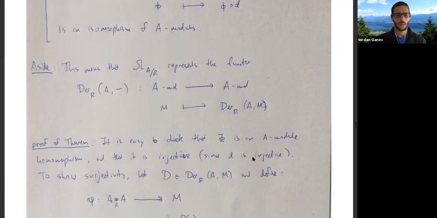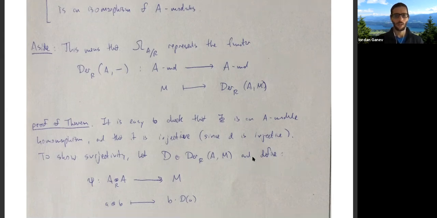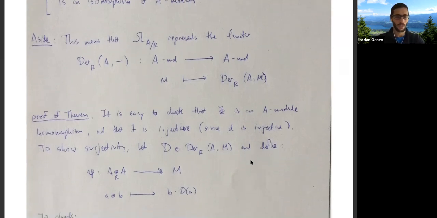So let's take something in the derivations from A to M, and we want to define a linear map from the Kähler differentials to M such that capital phi applied to that linear map is D. First, let's consider this map psi.